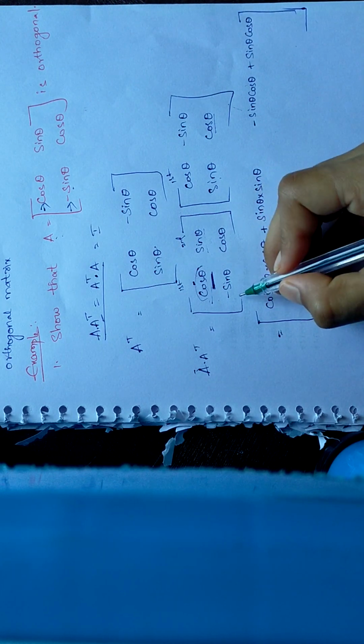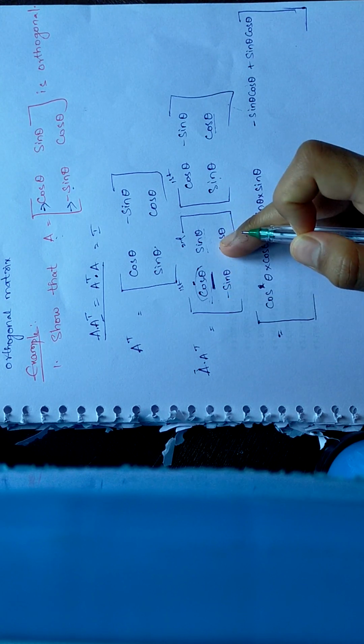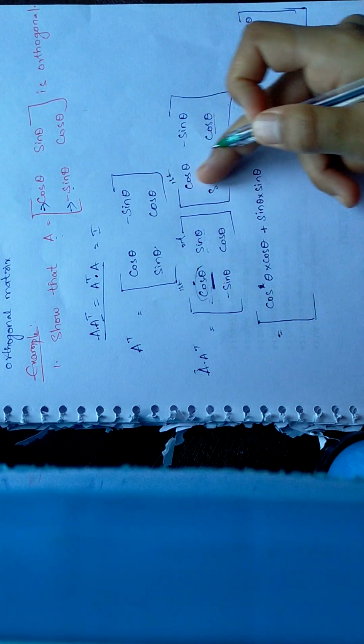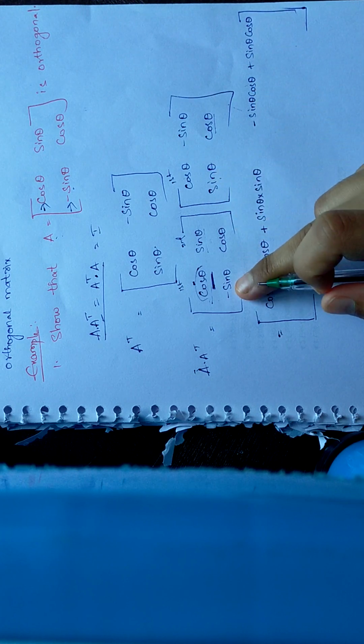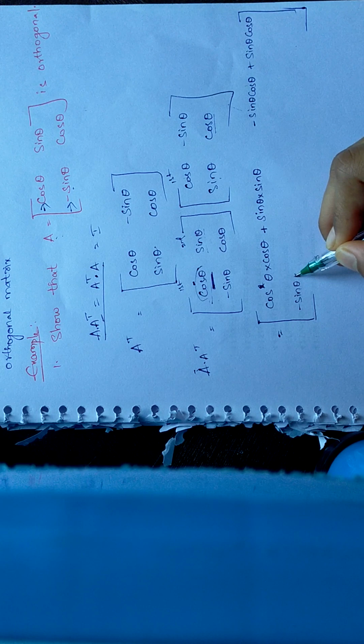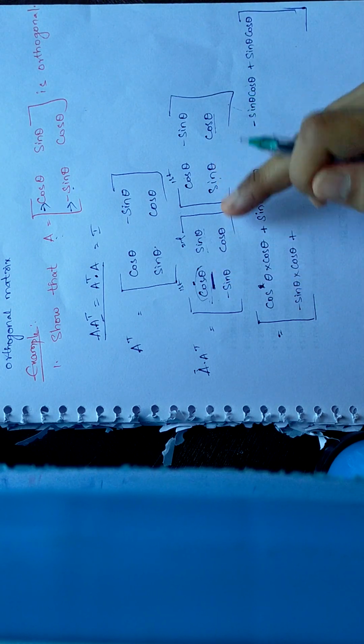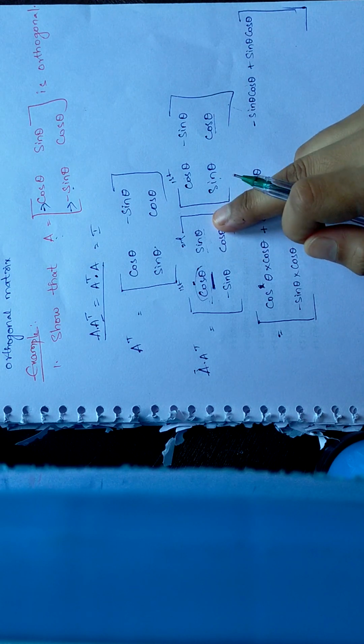Okay. Now again for this position, you have to take this row, and this is the first column, right? So you have to multiply with the first column.